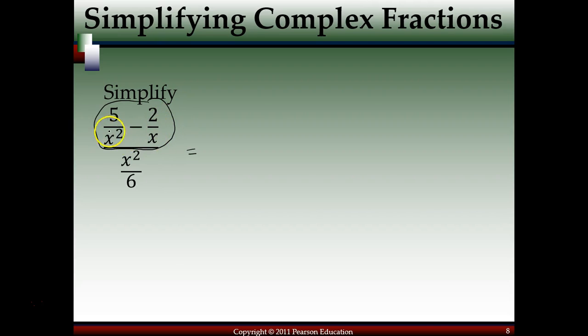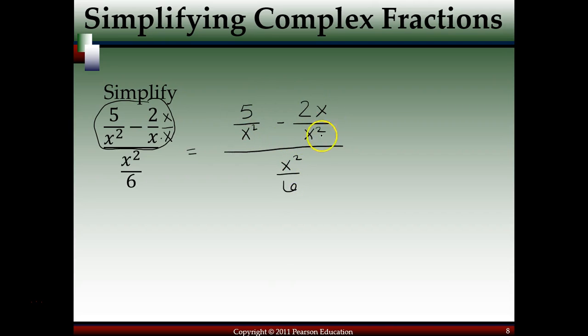Remember this has a factor of x squared. This one has just a single factor of x. To get common denominators between these two, I need this one to have another factor of x. So multiply both numerator and denominator by x. So we get 5 over x squared minus 2x over x squared. That's all over x squared over 6.